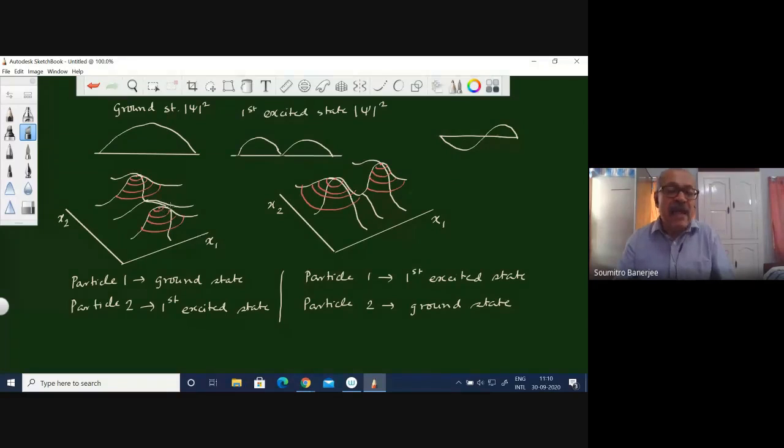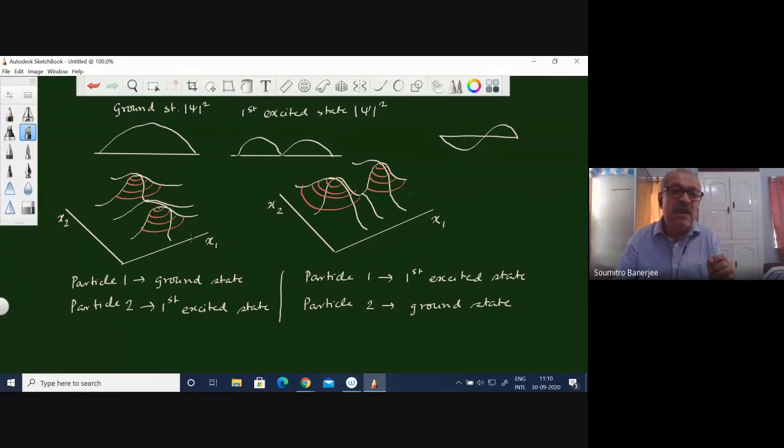Clear? And now if we draw the equiprobability lines, then all these points will have the same probability. That means the probability of finding x1, well, here you have to look at this, right? X1 is this value.